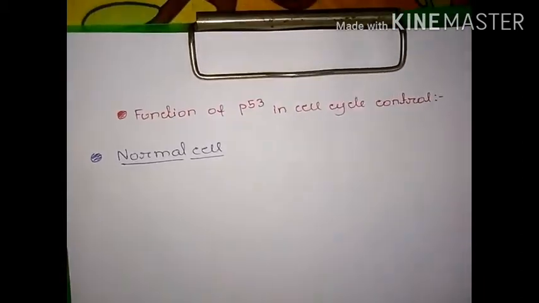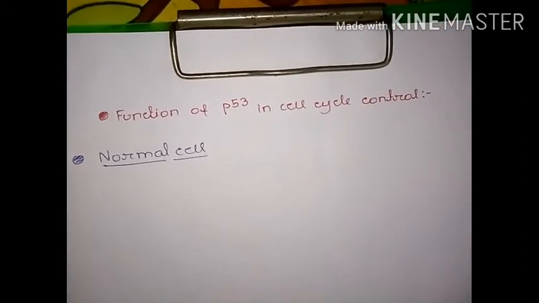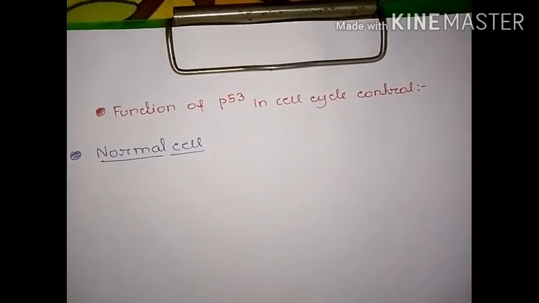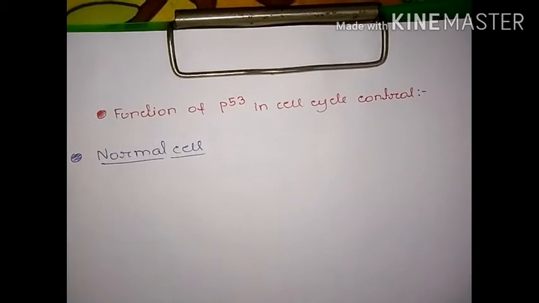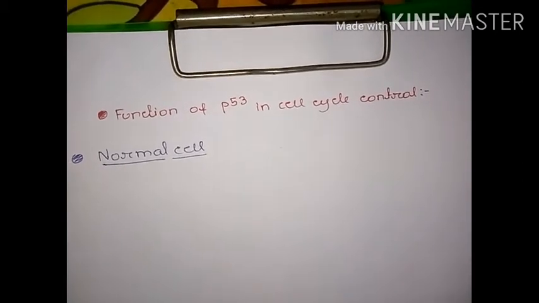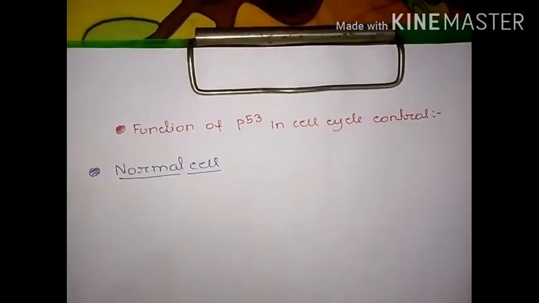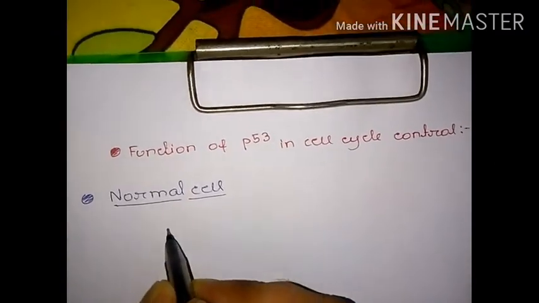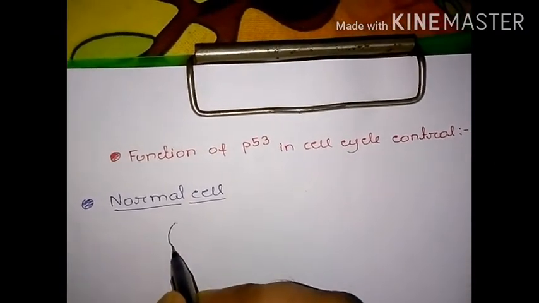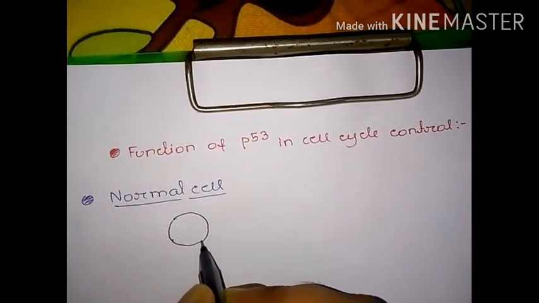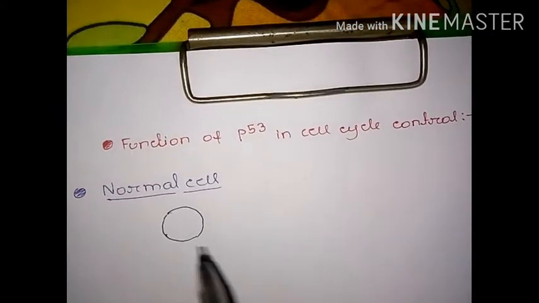So when there is no DNA damage or no mutations in the DNA that need to be repaired, in this case p53 binds with another protein. The name of the protein is MDM2.